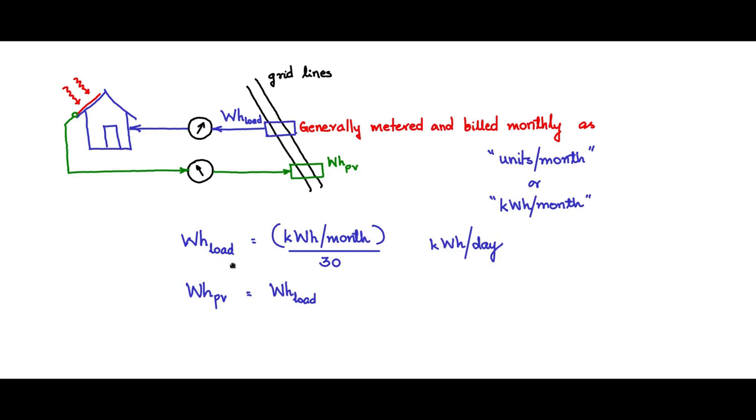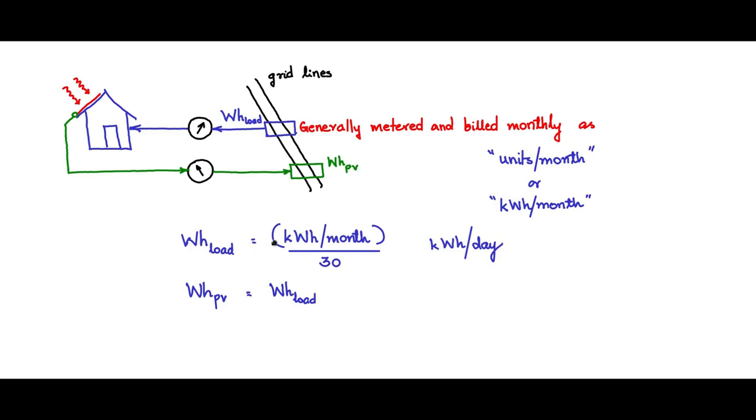A worst case design would be to consider the kilowatt hour per month billed reading for the entire year, and take the highest value of kilowatt hour per month. So that would be the max requirement of energy for this building.